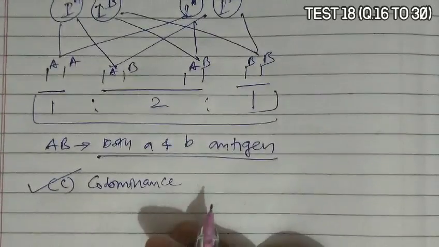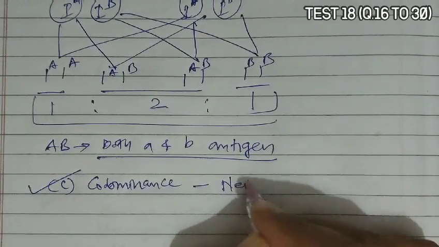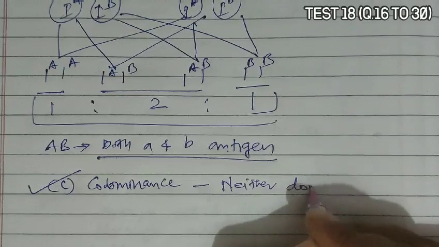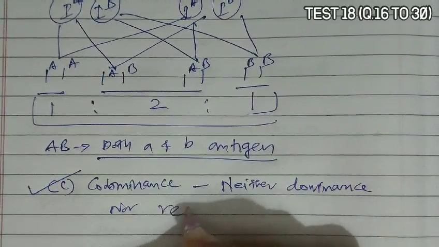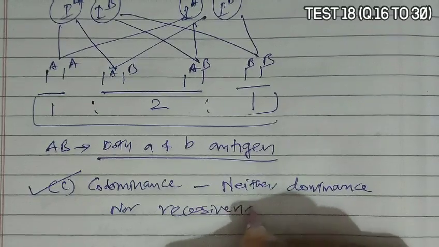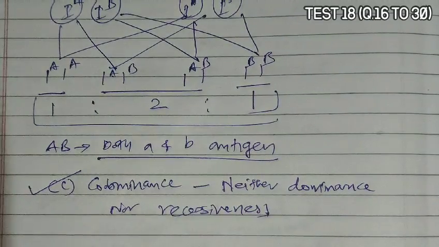So AB blood group is an example of codominance, and in codominance there is neither dominance nor recessiveness.